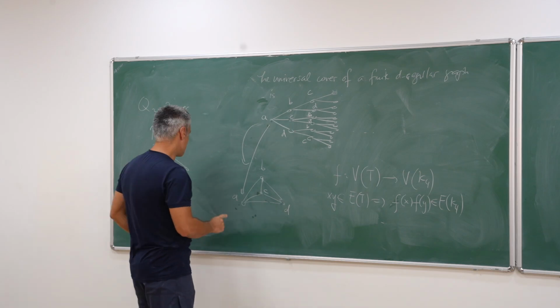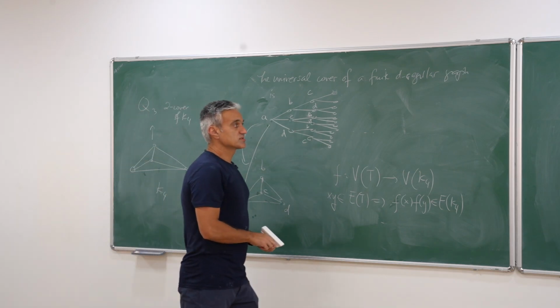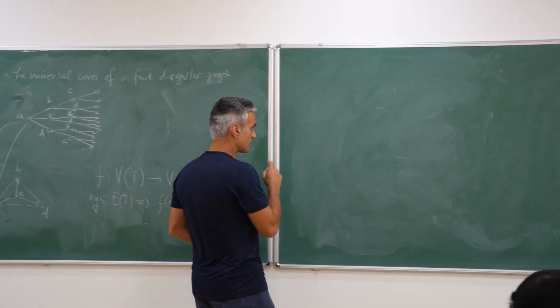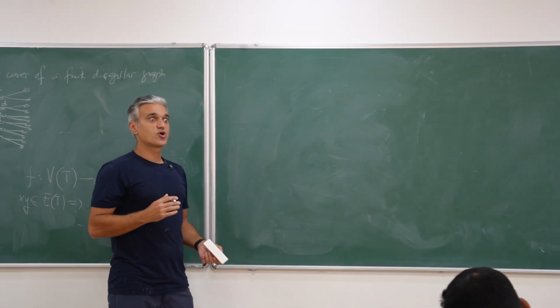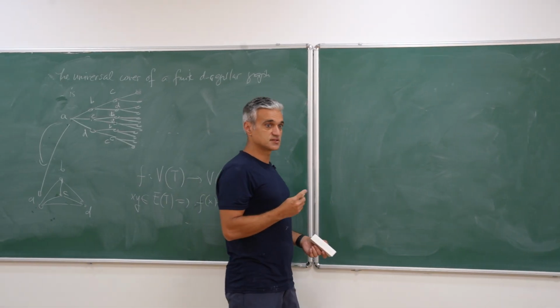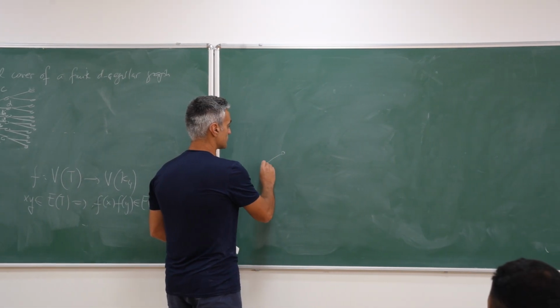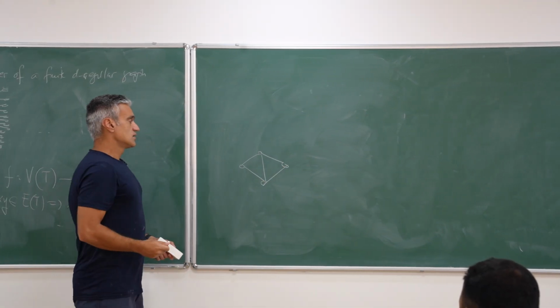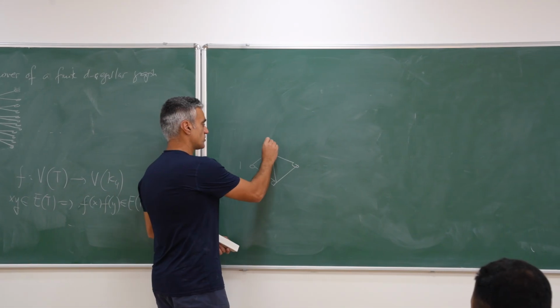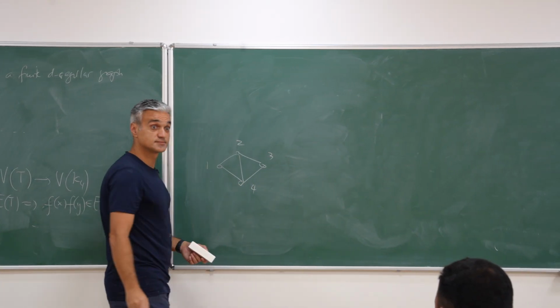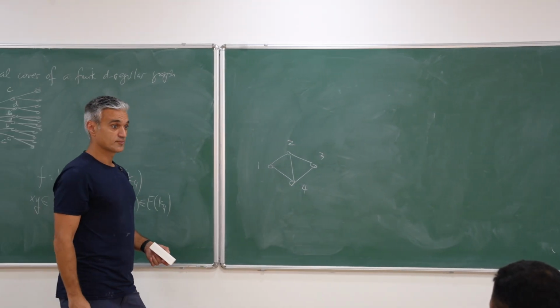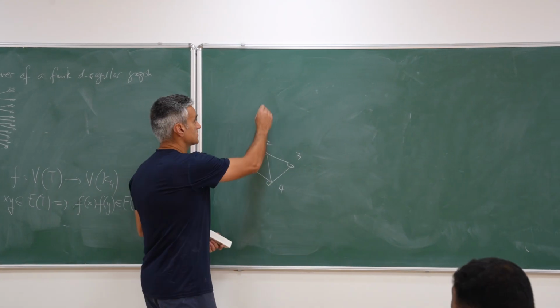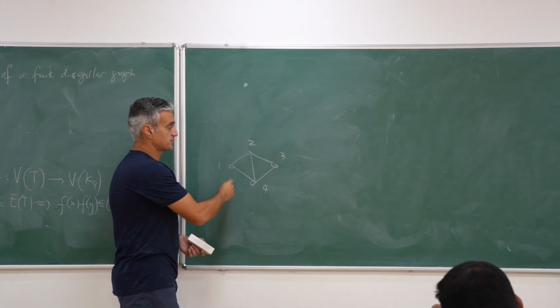I could do this for something that is not regular too. This can work also for something that is not regular. So let me give you this example. I'll use different numbers here. Let me use 1, 2, 3, 4. Okay, and let me say I pick one of these vertices.